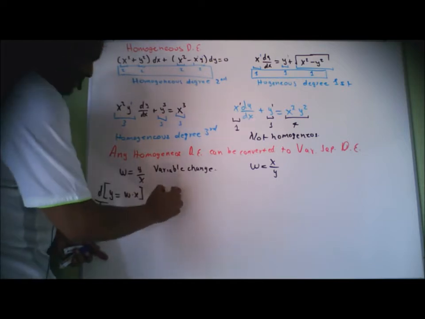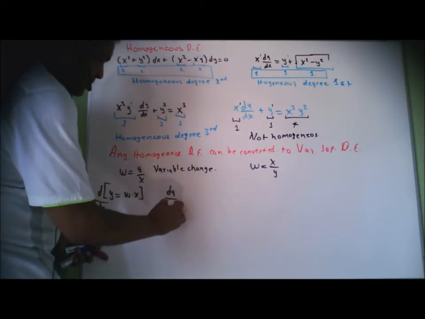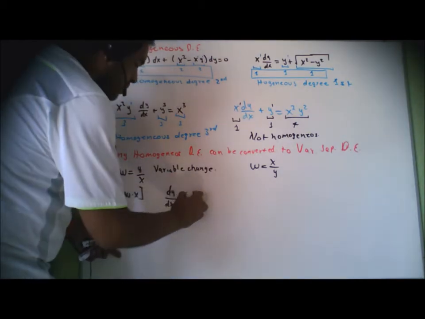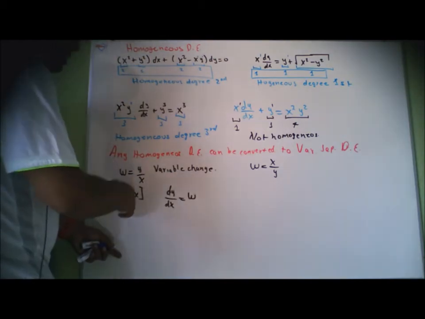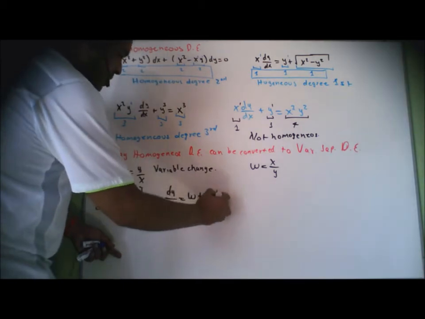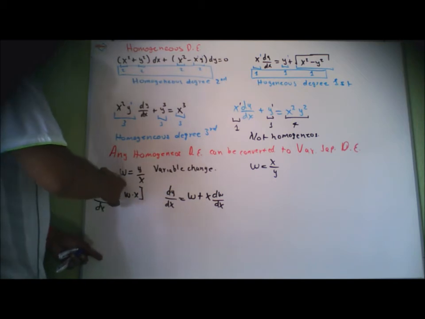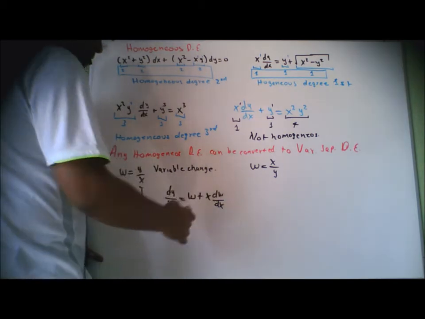So the derivative of y with respect to x equals, here you have a multiplication so be careful, w times the derivative of x with respect to x, which is 1, plus x times the derivative of w with respect to x. It's not the same variable, so leave it like that.